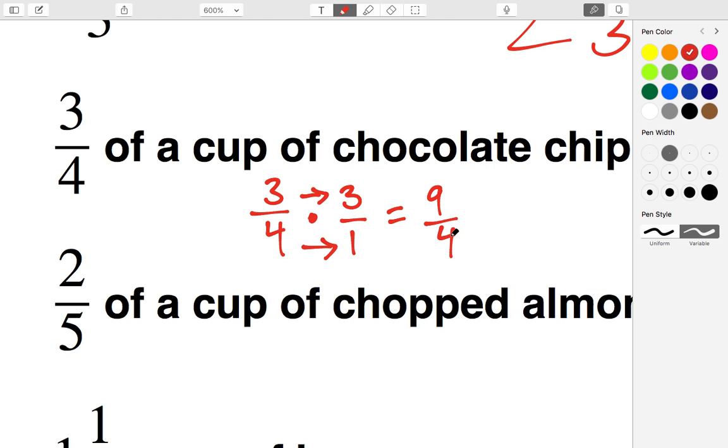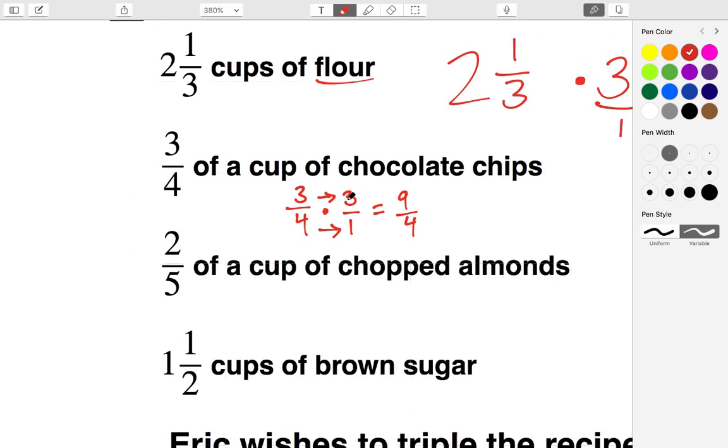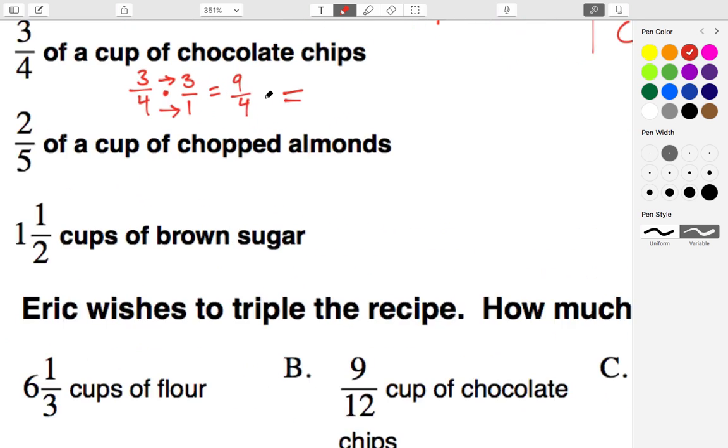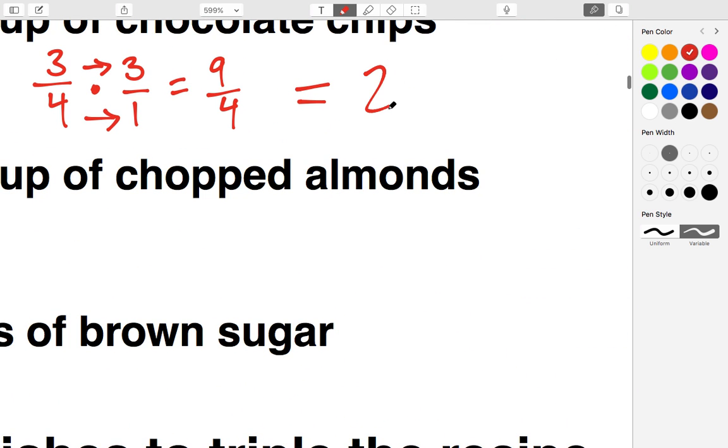So let's see how they wrote the answer, because based on the answer, I'll know if I need to divide. Because 4 goes into 9 how many times? 2. And then what's left over? 1 over 4. It has to be the same denominator.